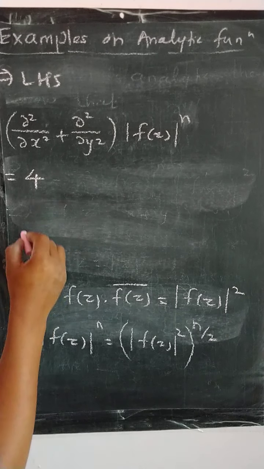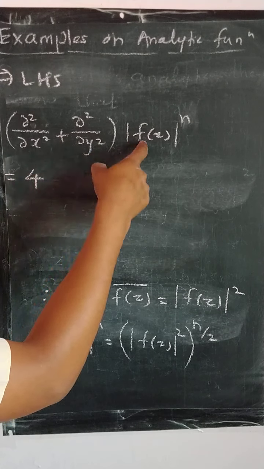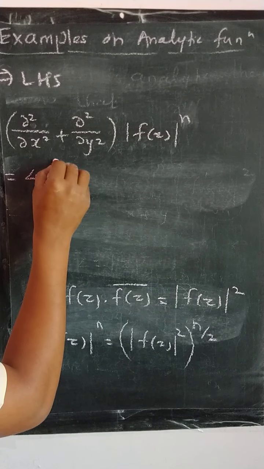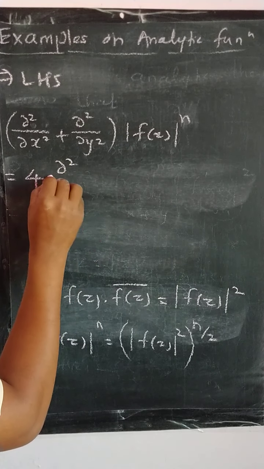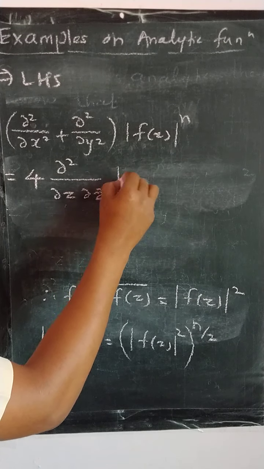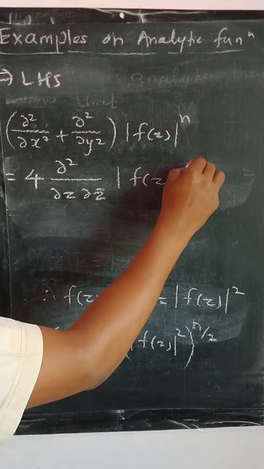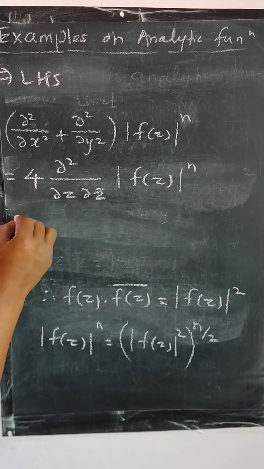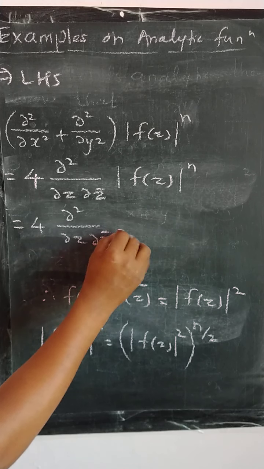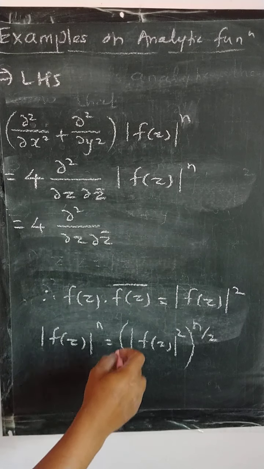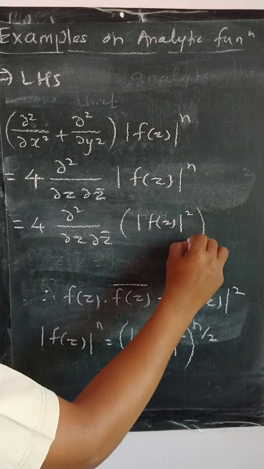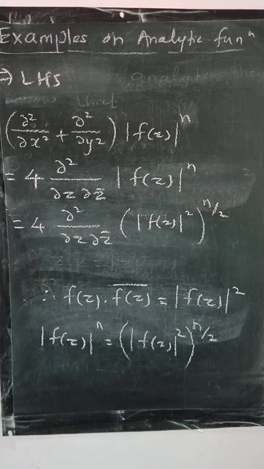Using the second property, ∂²phi/∂x² plus ∂²phi/∂y² is equal to 4 times ∂²phi/∂z∂z bar, where phi is |f(z)|^n. So I can write 4 times ∂²/∂z∂z bar of |f(z)|² raised to n by 2.